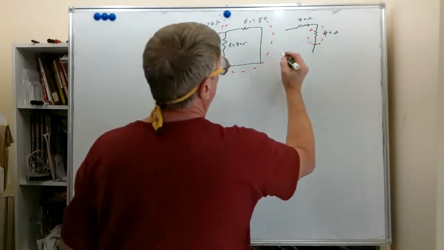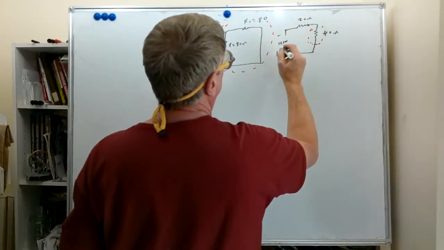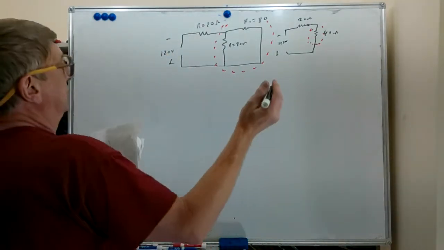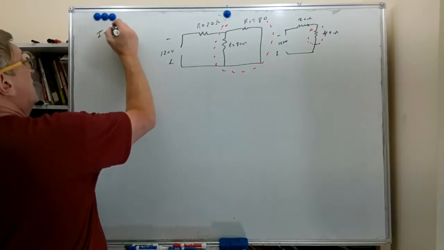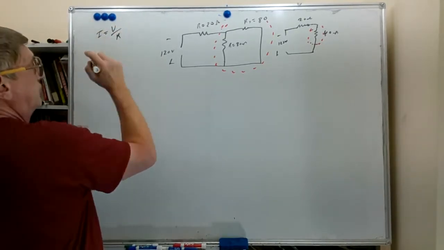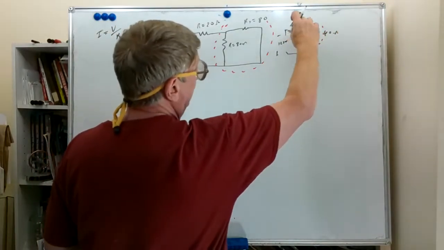And we still have 120 volts. Well, remember our current formula, current equals voltage divided by resistance. 120 volts, 60 ohms is the total.